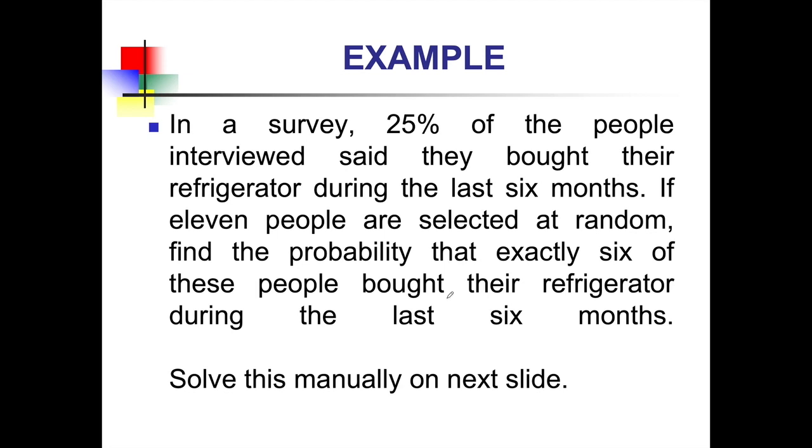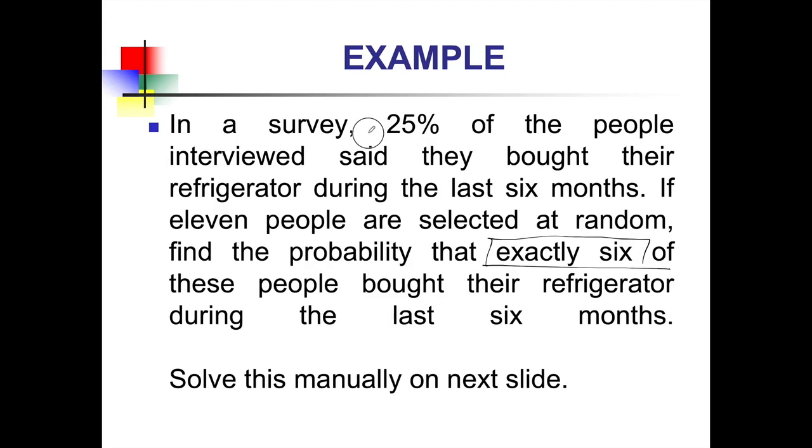If 11 people are selected at random, find the probability that exactly, take note of the term, exactly 6 of these people bought their refrigerator during the last 6 months. Solve this manually on the next slide.